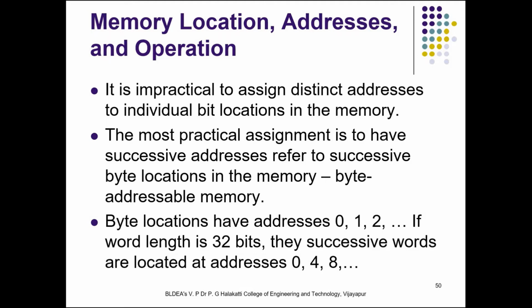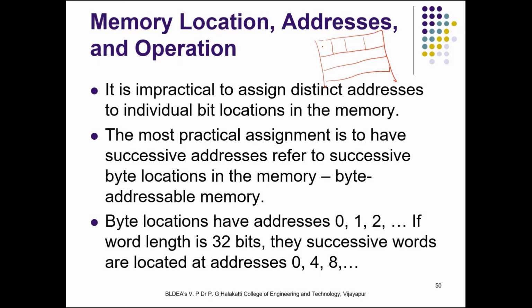Byte locations have addresses 0, 1, 2. If I give an address for every byte, then the addresses will be 0, 1, 2, 3, 4, and so on. If the word length is 32 bits, successive words are located at addresses 0, 4, 8. We are considering a word containing 32 bits, and in 32 bits we have 4 bytes.